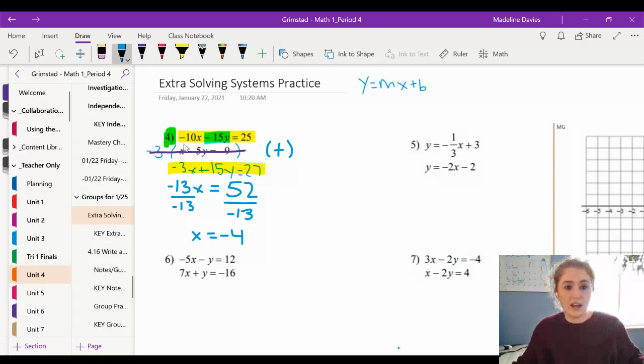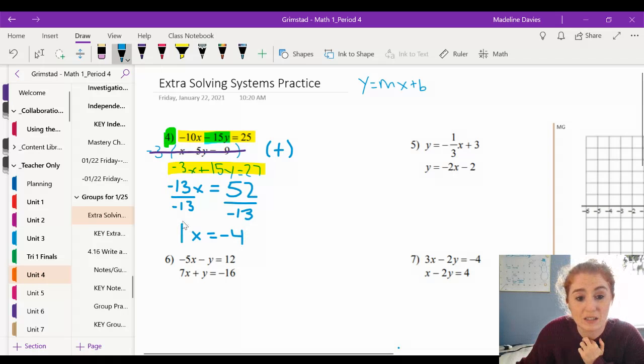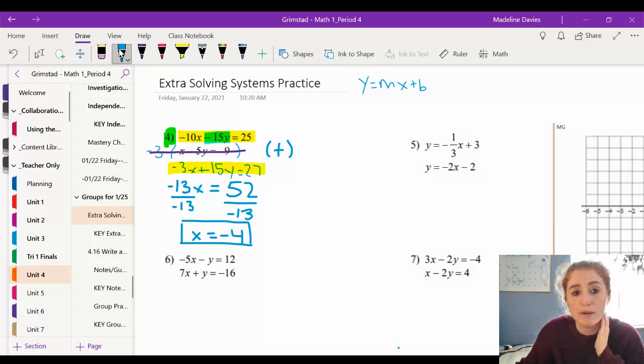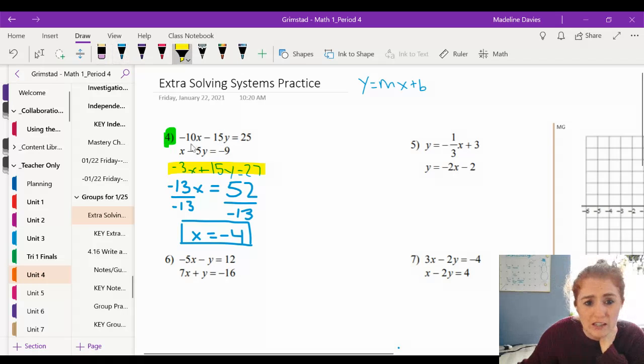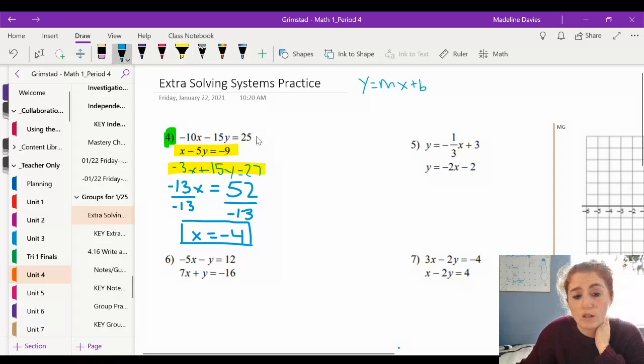So great. I now have my x, but I still need my y value. So I'm going to go back into one of my original equations and just plug in negative 4 for x. So I'm going to choose this second one because it looks a little bit easier, but you could choose the other one if you wanted.